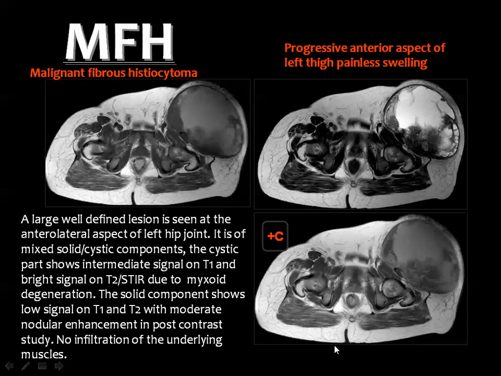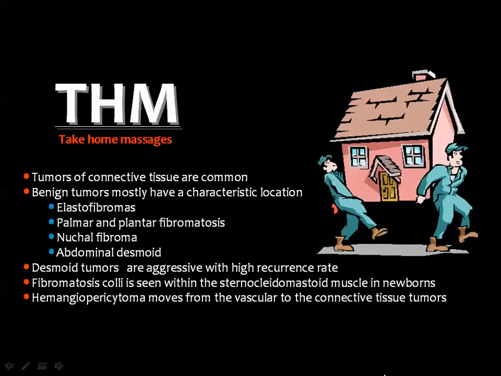But here is a lesion in the groin, and you can see a heterogeneity in the T1 and T2 with some blood elements within the tumor, and also you see the heterogeneous post-contrast enhancement. And here it is stated that the intermediate signal in T1 and the bright signal in T2 is due to myxoid degeneration within the tumor.